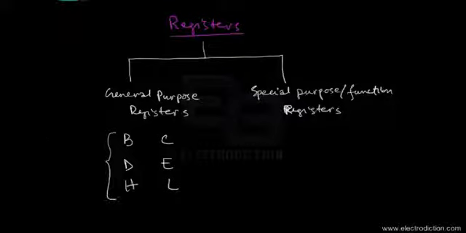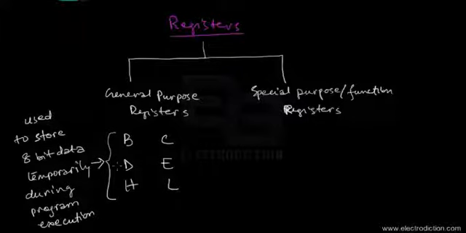We can store data in these registers temporarily, using them for storing 8-bit data, and this storage is temporary, only during the time when the program is being executed. The data stored in these registers doesn't remain there lifelong. Whenever a different program needs to be executed, the data stored previously in these registers is just cleared off.